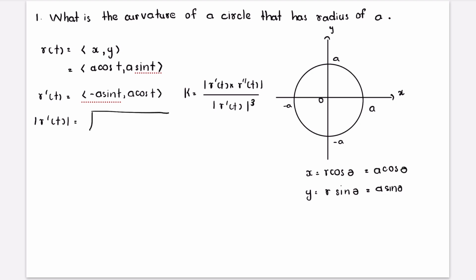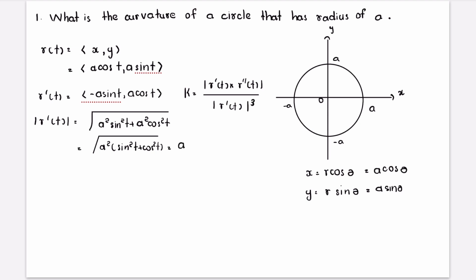So square root of this, and then plus, so it is the same, then plus, since sin square t plus cos square t is 1, right?